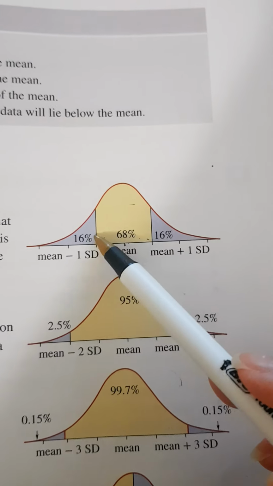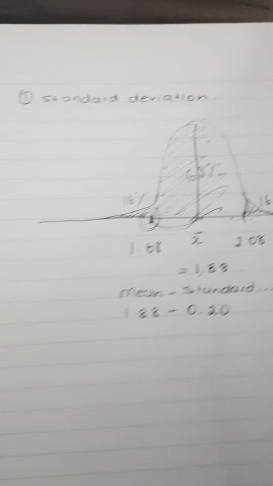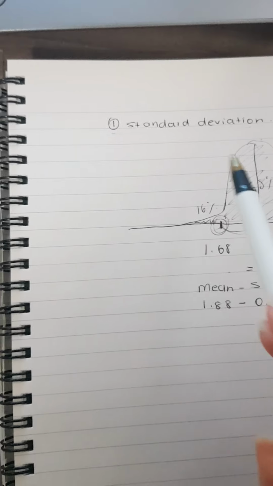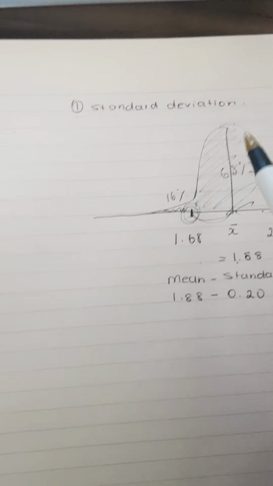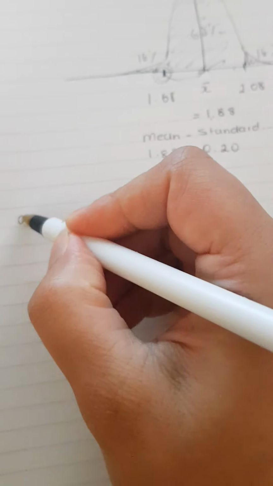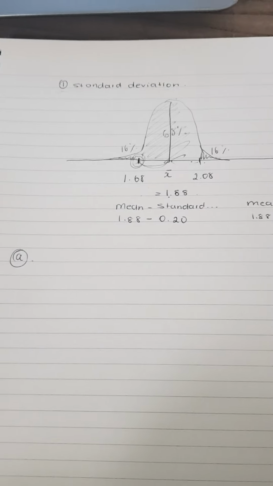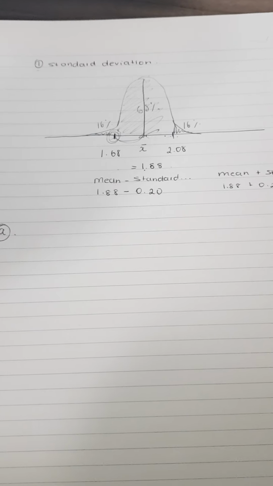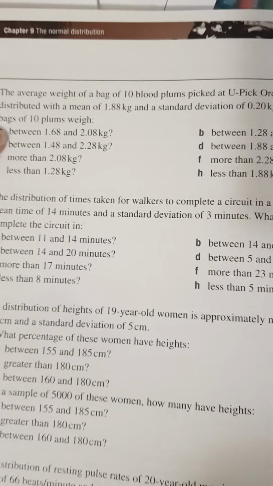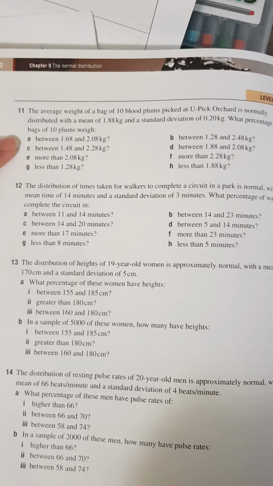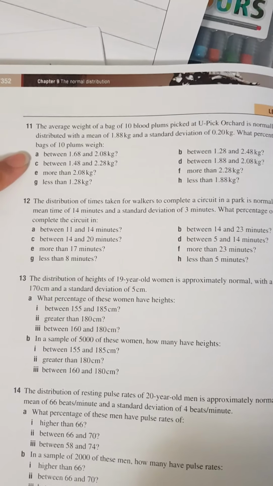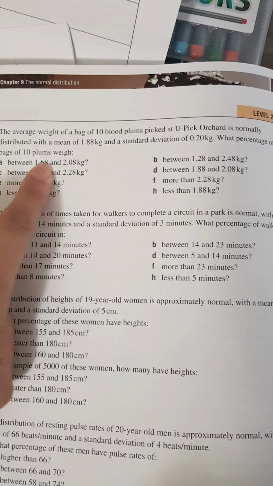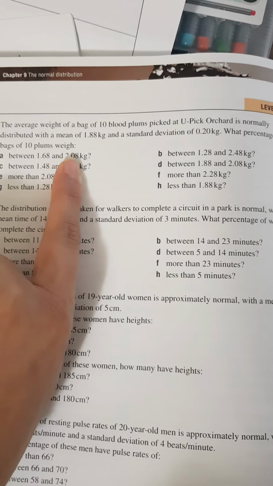This resembles the first standard deviation graph here. That is the graph for only one standard deviation. I'm going to answer the first question straight away so you understand why we drew the graph and why it makes sense. Then I'm going to draw the second and third standard deviation graphs. Our first question was, what percentage of the bags of 10 plums weigh between 1.68 and 2.08?